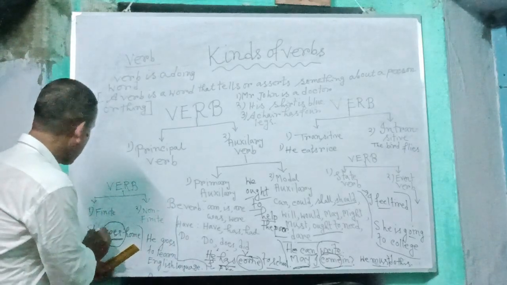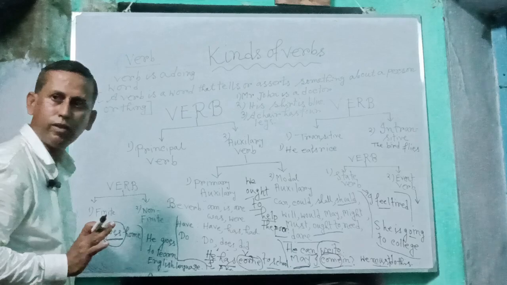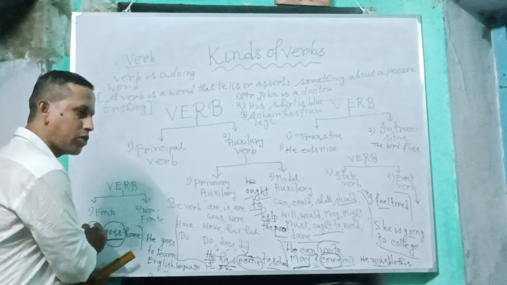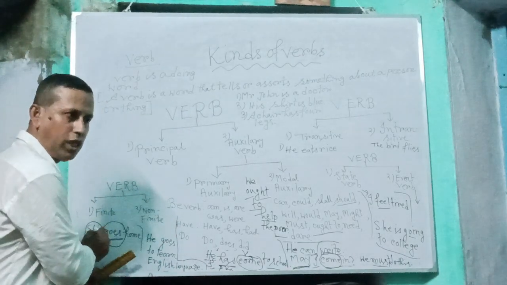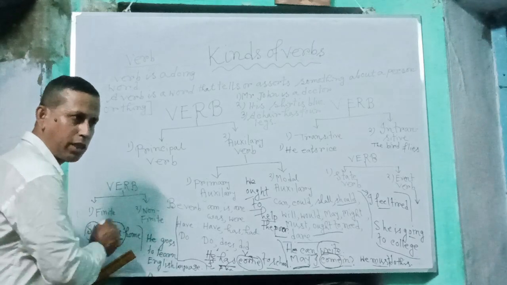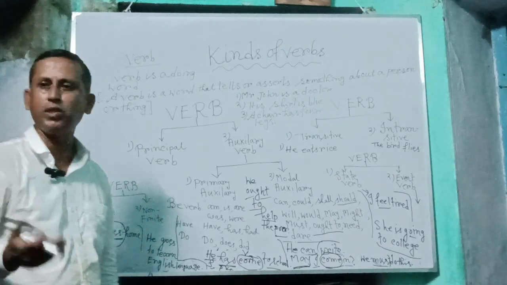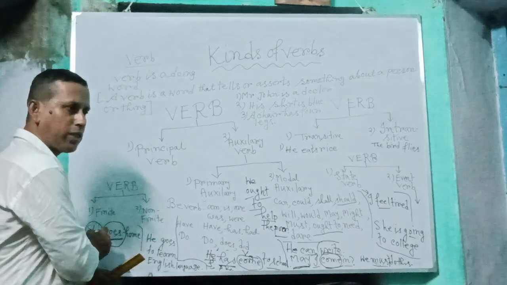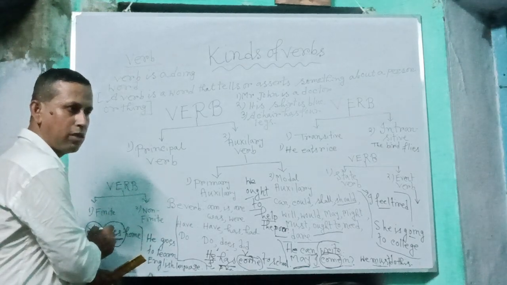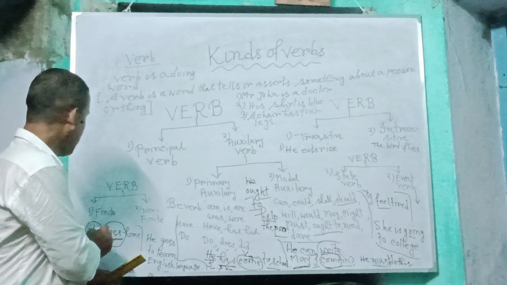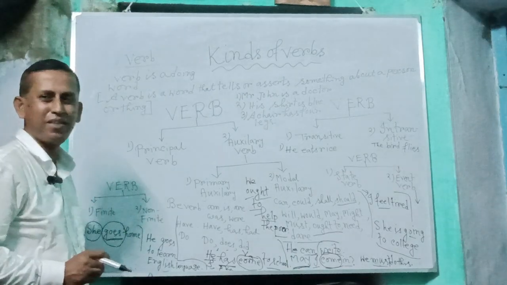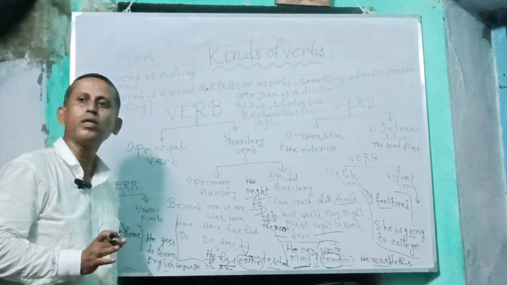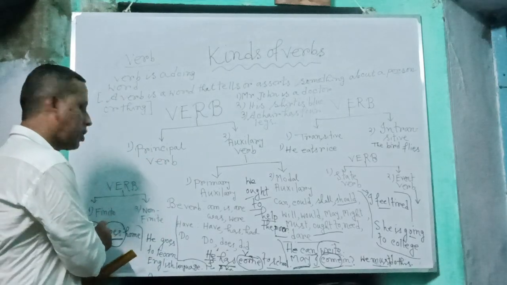The subject is she. Okay, and what is the person? She. Is it first person, second person, or third person? Please tell me. It is third person. The number is singular because there is only one, she.